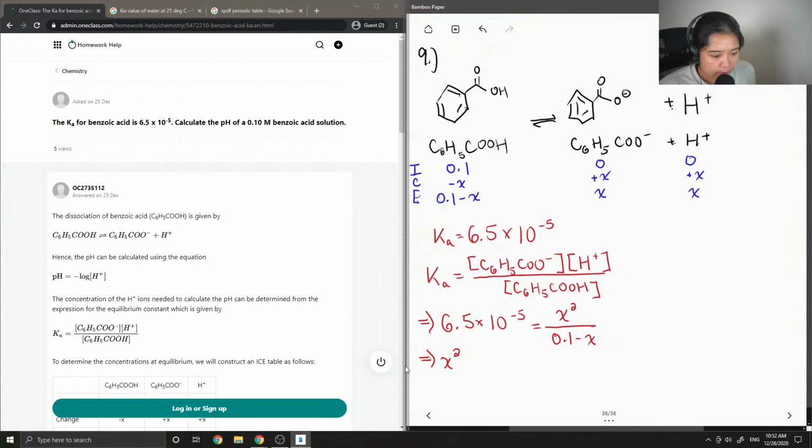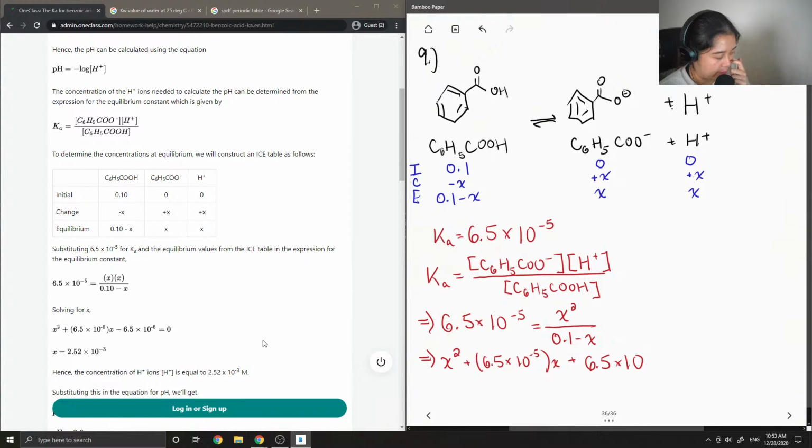So we have x squared plus 6.5 times 10 to the negative 5 x plus, minus 6.5 times 10 to the negative 5 times 0.1, which is 6.5 times 10 to the negative 6, sorry.